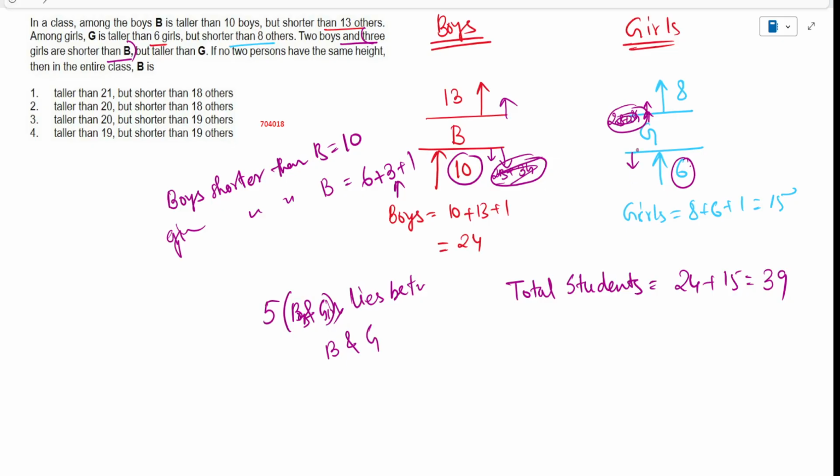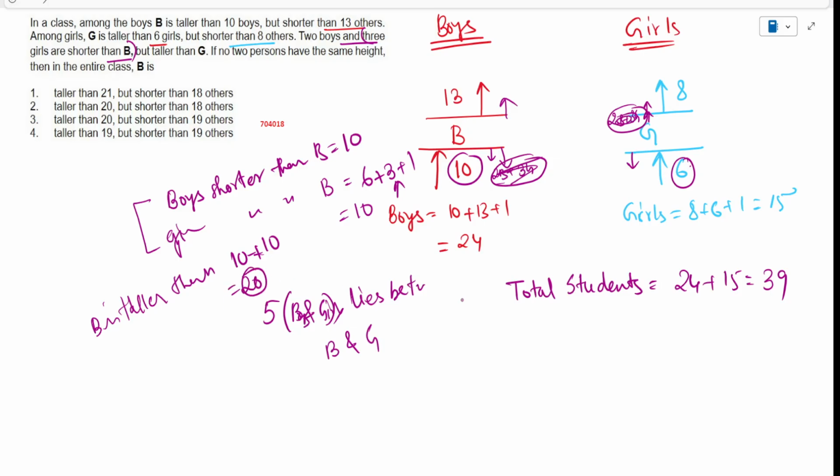So, I think there is confusion. If no 2 persons have the same height, then here actually 10 will come, okay? Then B is taller than these 10 plus 10, total boys and girls, right?